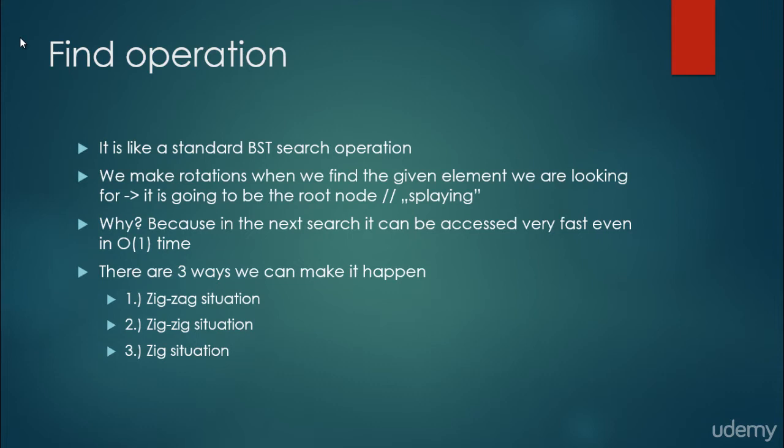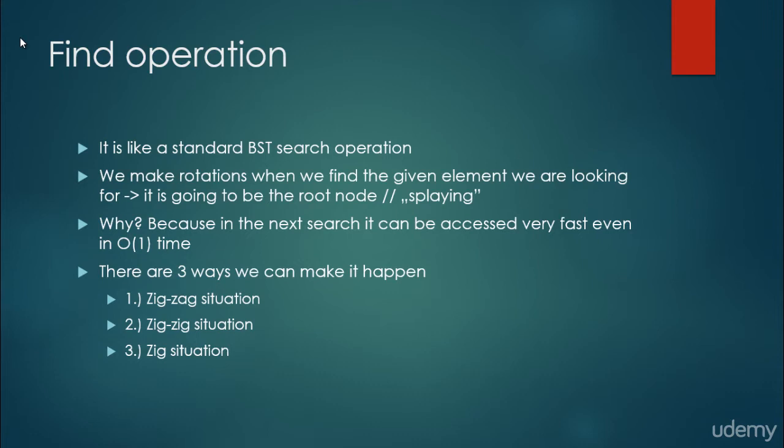With the help of splaying, the new root will be this node, and if we start each operation at the root node, that will be the one we are looking for. So this is why it's very important for Splay trees that every item we have searched for is going to be the root because of the splaying method.